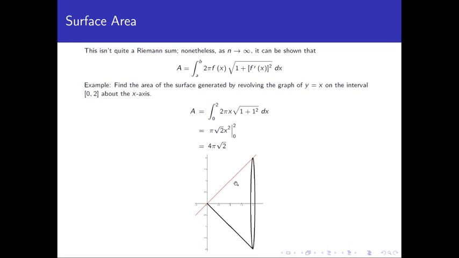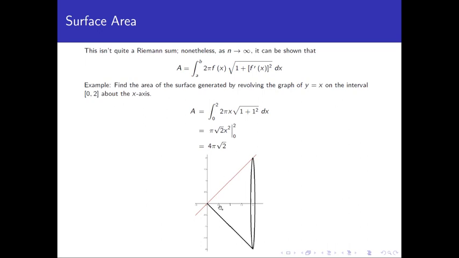All right. So this would be the lateral surface area of a cone, and the formula, if you remember, for the lateral surface area of a cone is pi r L. R is the radius, L is the slant height. Well, the radius is 2, and your slant height is this length here, this diagonal.